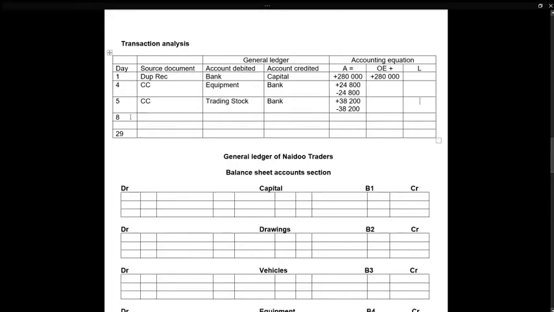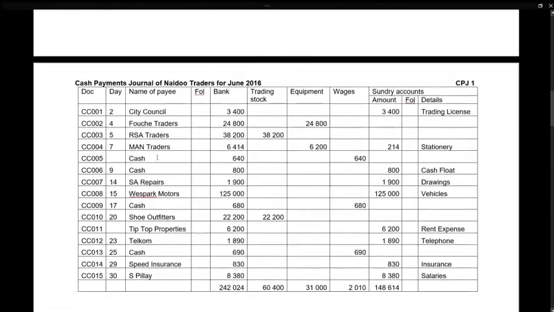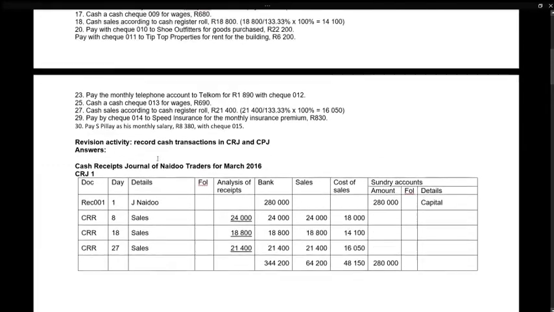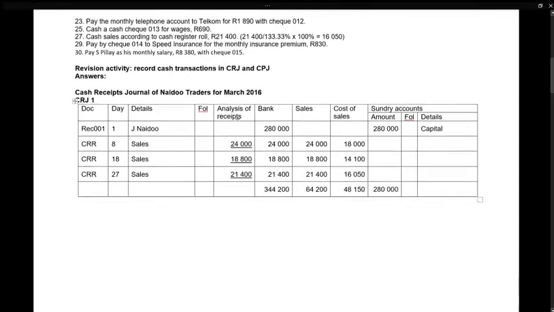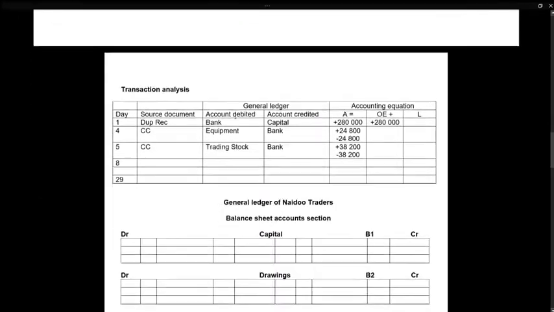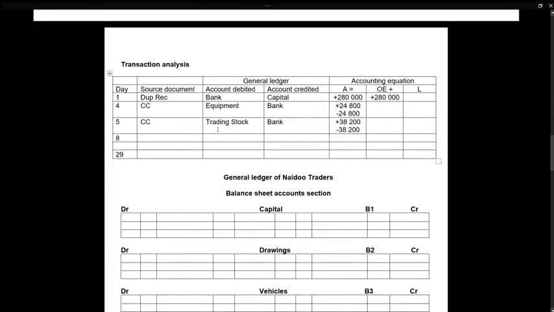Right, so on the 8th, let's go and have a look at that transaction. Cash sales of merchandise, 24,000 Rand, and my cost of sales was 18,000 Rand. Let's go and account for this one. My source document was the cash register roll.